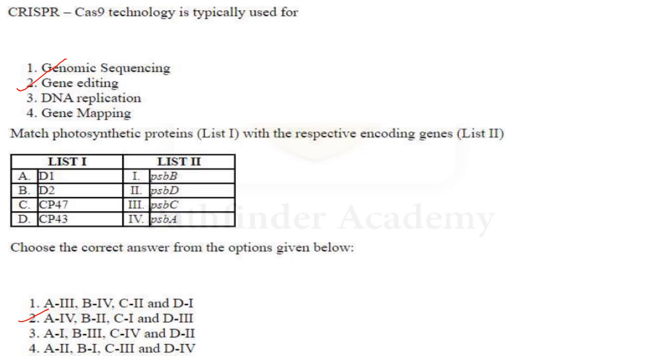So A will be PSBA, D2 will be PSBD, CP47 will be PSBB, CP43 will be PSBC. So the answer here is A4, B2, C1, D3. Answer is option 2.